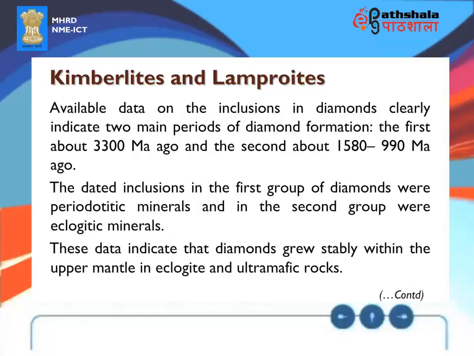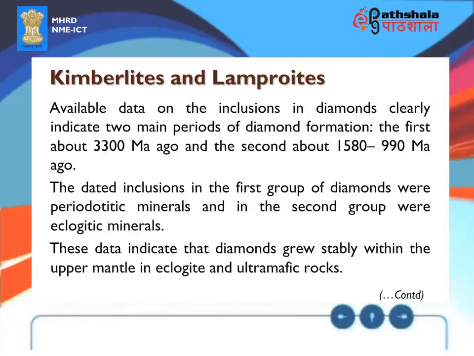Available data on the inclusions in diamonds clearly indicate two main periods of diamond formation. The first about 3300 million years ago and the second about 1580 to 990 million years ago. The dated inclusions in the first group of diamonds were peridotitic minerals and in the second group were eclogitic minerals.